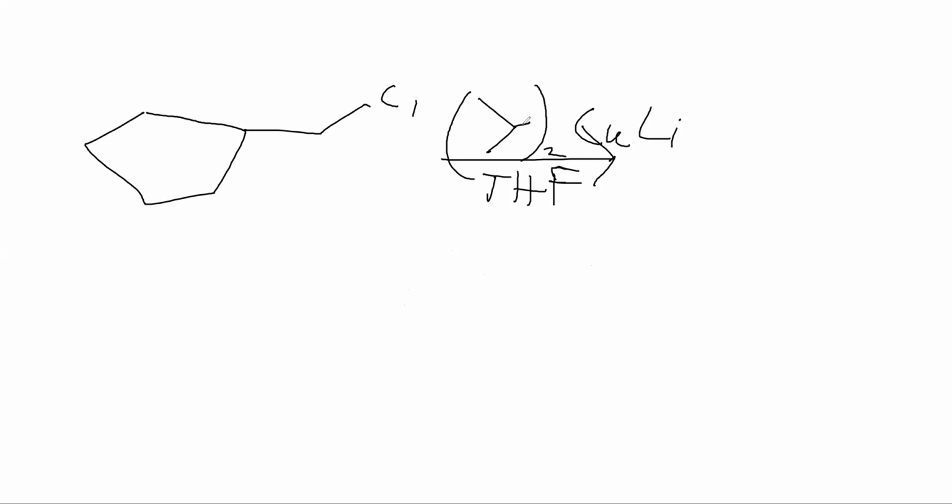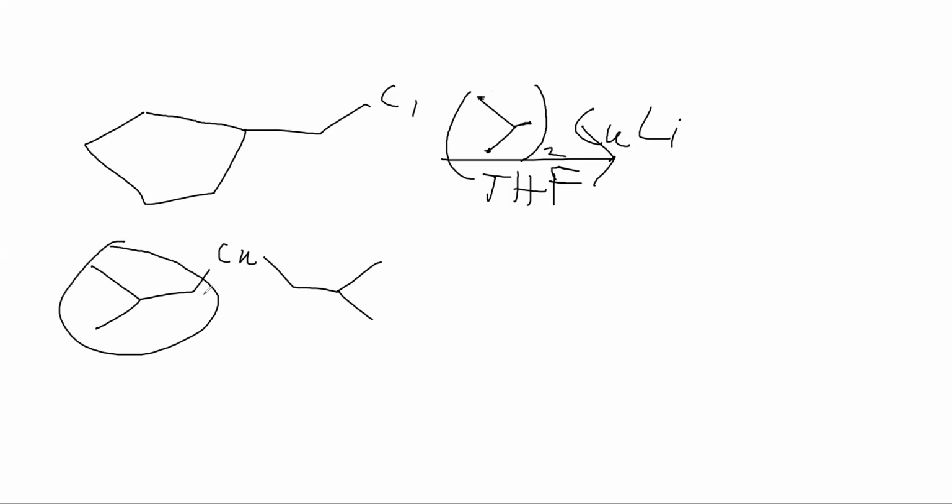But here, these 3 carbons at the end are all the same, so there's not too much confusion, I think. And the Gilman reagent would look something like this. So we're just adding one of these, which is an isobutyl, if you want to know the name, but you don't really have to know that too much right now.